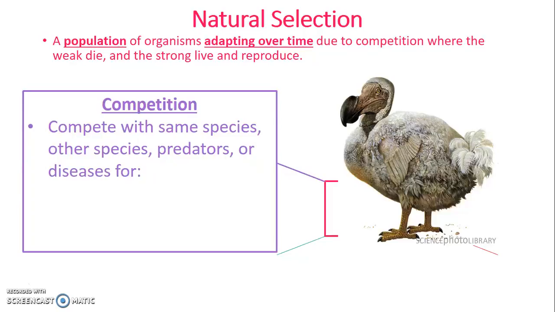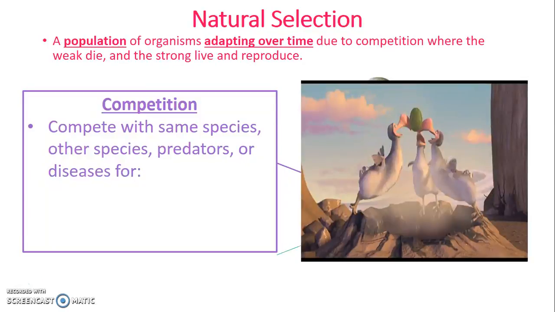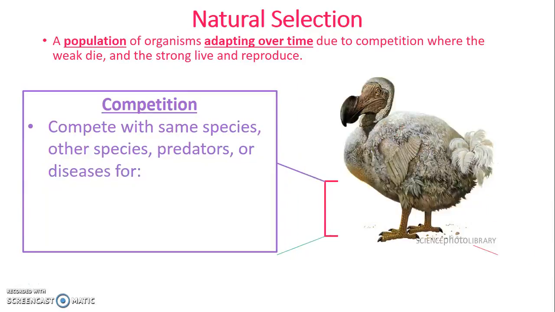with predators. So actually, here's a little story for you. Here is a dodo bird. You may recognize dodo birds from the video Ice Age. So here they are fighting over the fruit. But dodo birds actually existed, and they existed up until about the 1600s. And they existed on this small little island near Madagascar.